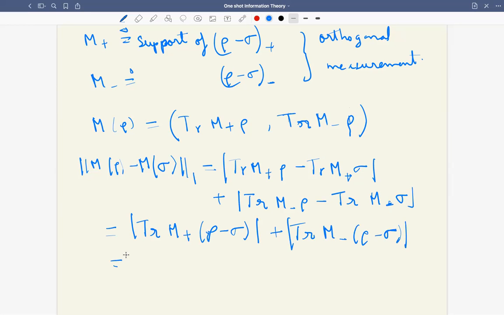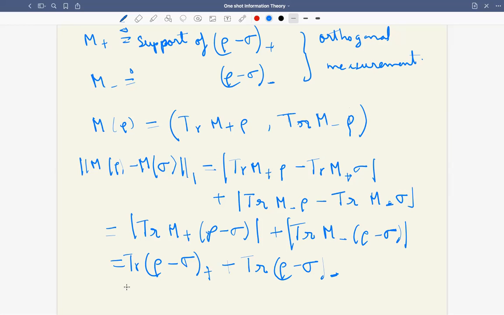Okay. But as you can see from the definition of m plus, this is nothing but the trace of rho minus sigma plus, and this is the trace of rho minus sigma minus.